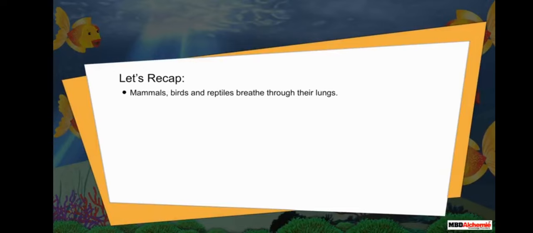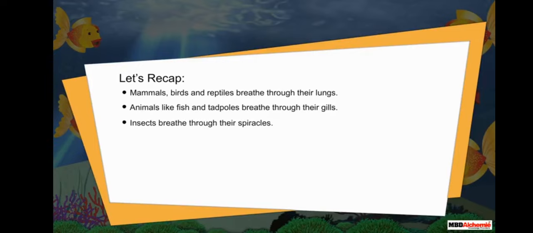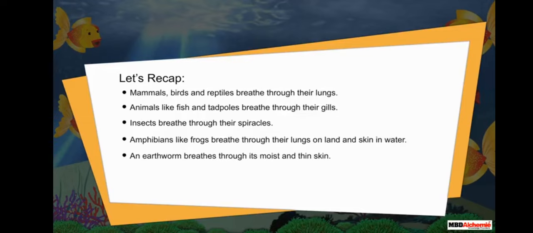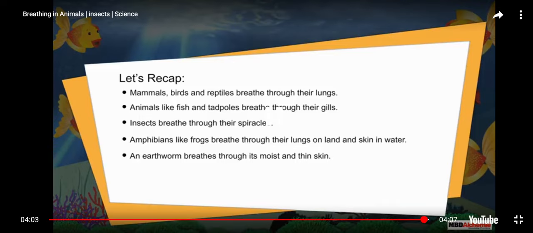Mammals, birds, and reptiles breathe through their lungs. Animals like fish and tadpoles breathe through their gills. Insects breathe through their spiracles. Amphibians like frogs breathe through their lungs on land and skin in water. An earthworm breathes through its moist and thin skin.